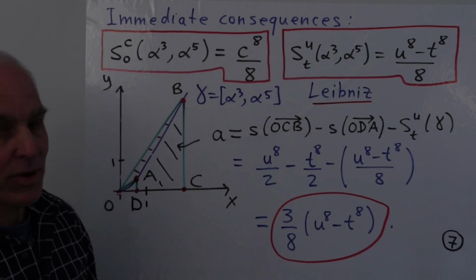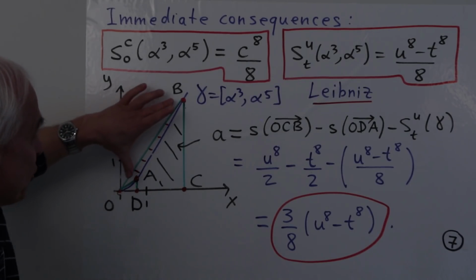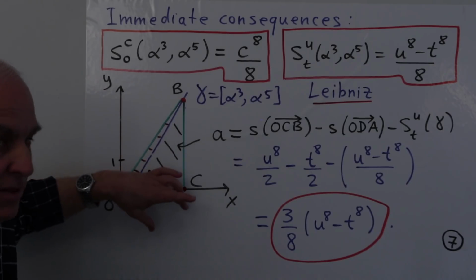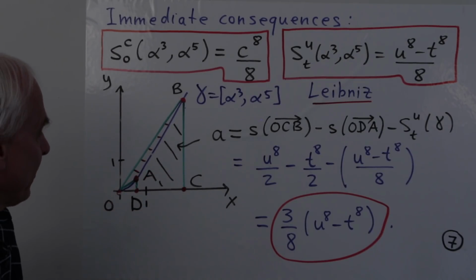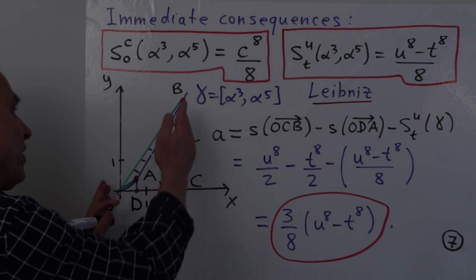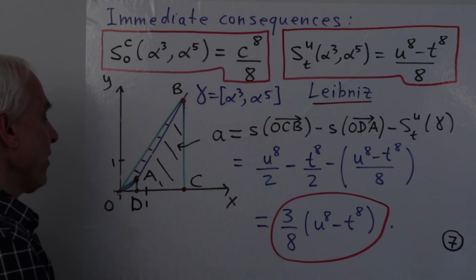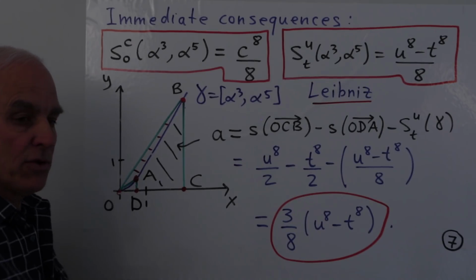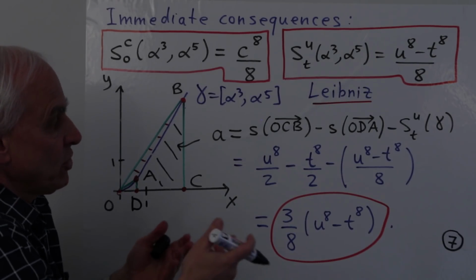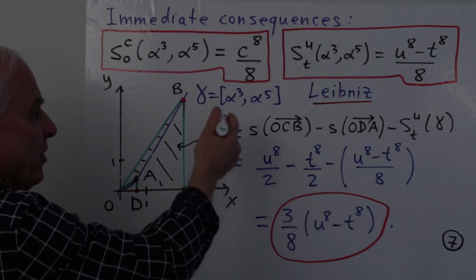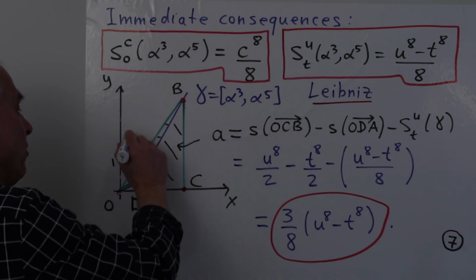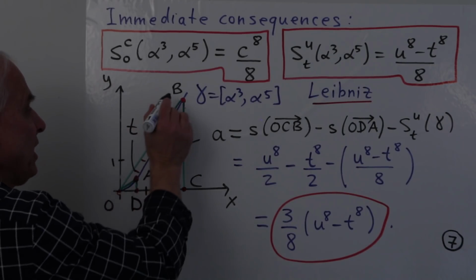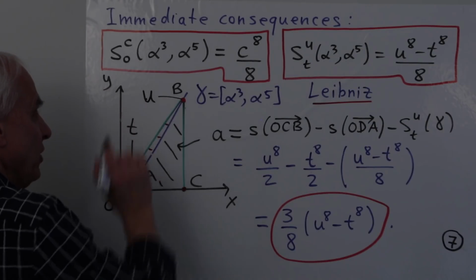And now I want to look at what happens when we look at a portion of the curve and the area underneath it to the x-axis. Okay, so we've got the same curve, gamma there, and I've chosen 2 points on it, A and B. And we'll associate those 2 points with 2 values of the parameter alpha. So this one here will be corresponding to t, and this one will be corresponding to u.